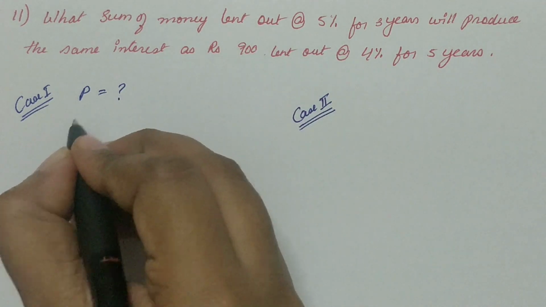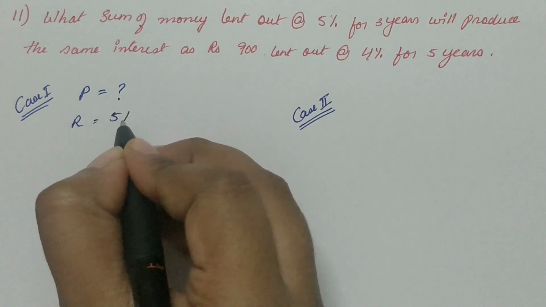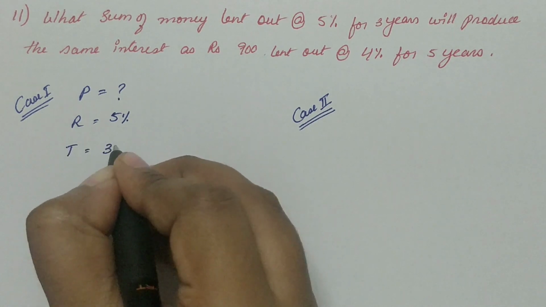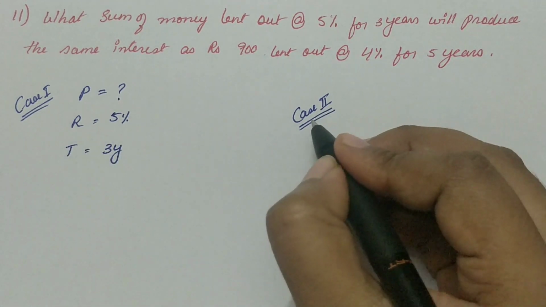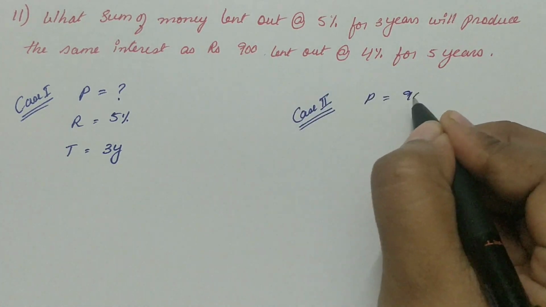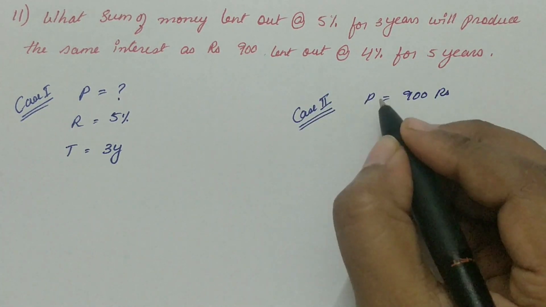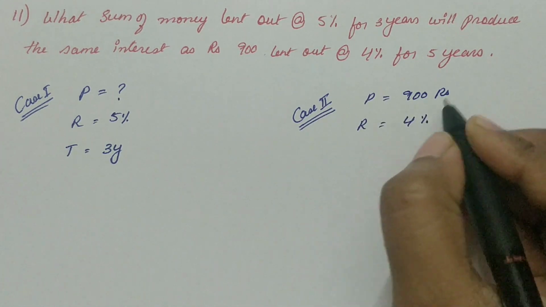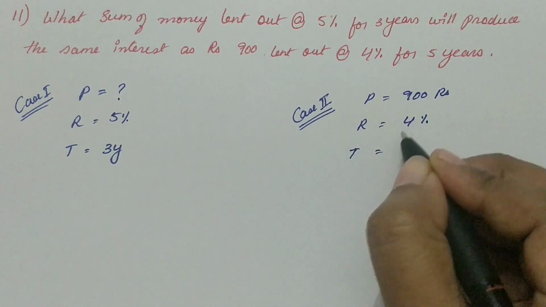Given rate of interest equals 5%, time equals 3 years. In case 2, principal equals 900 rupees, rate of interest equals 4%, time equals 5 years.